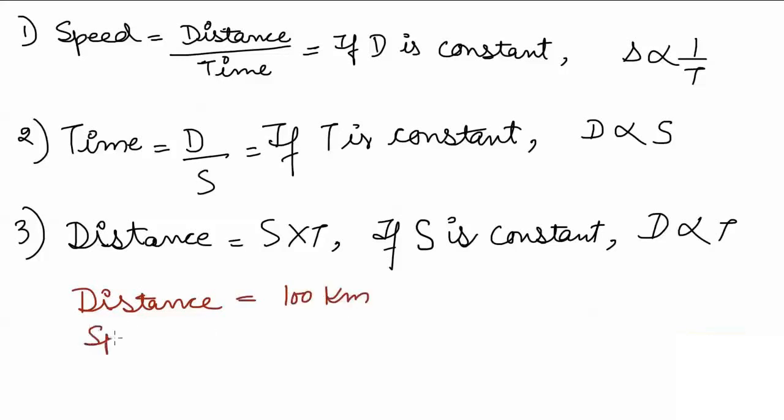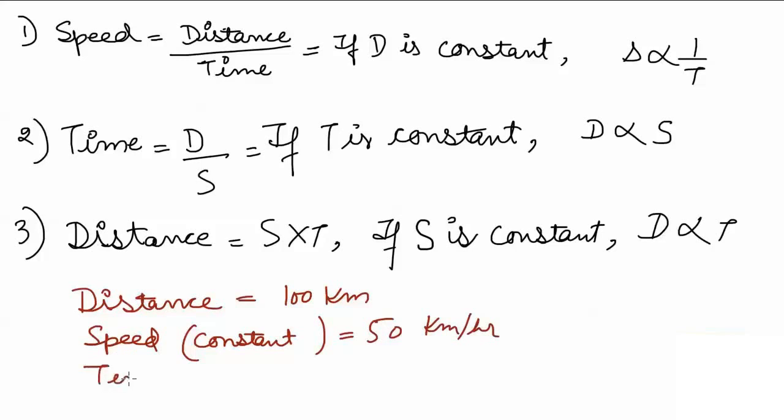The speed is constant, 50 kilometers per hour. And the person takes 2 hours to complete the journey. So that's a simple example. So let's come to the first derivation.